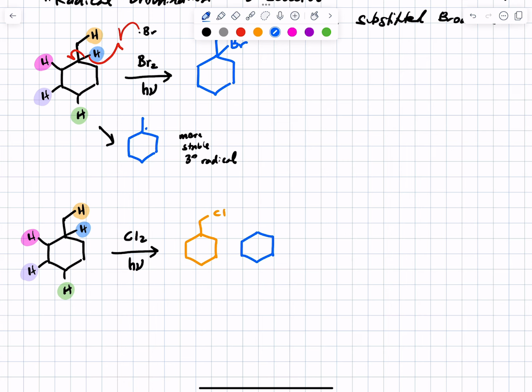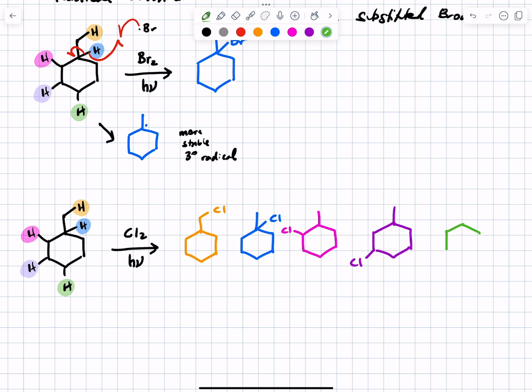So you get one in which the chlorine is on the methyl carbon. You get the blue tertiary chloride, and then you get a mixture of the remaining secondary chlorides.